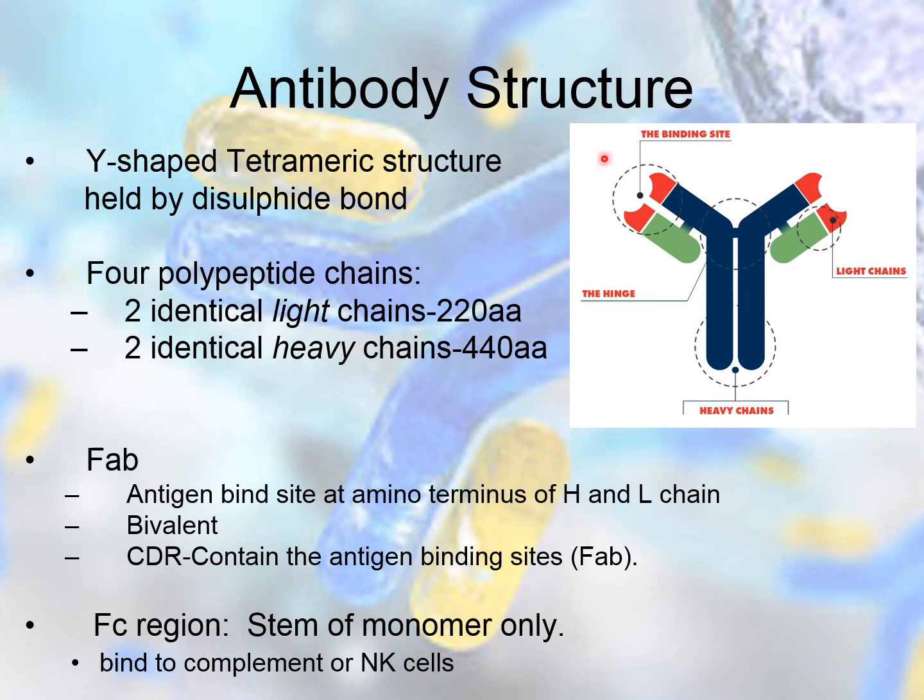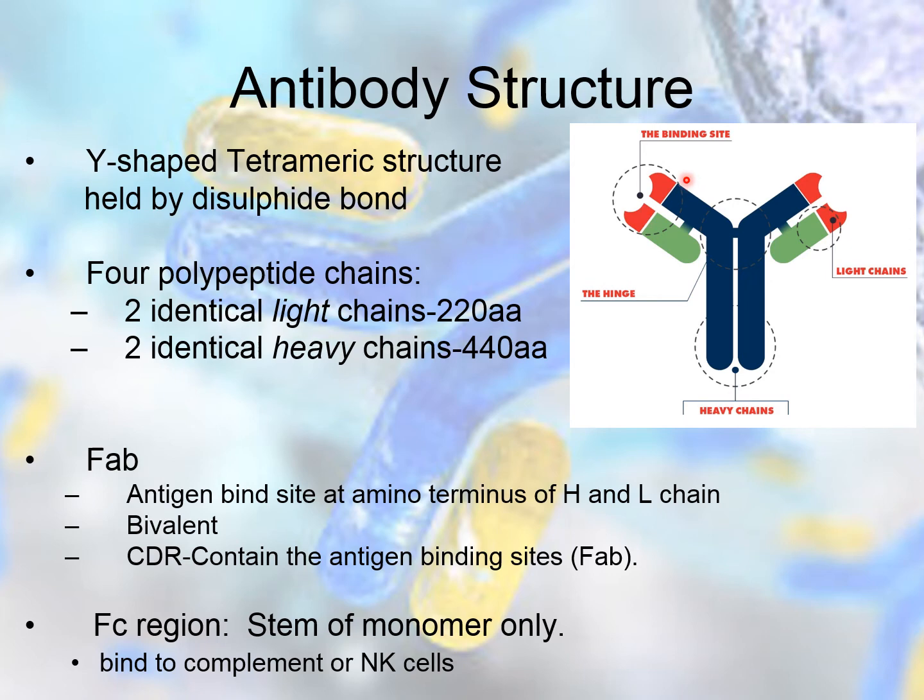There are two basic regions which are of biological importance. The first is the binding site or the fragment of antigen binding, called the FAB or Fab region. This is the region which determines the specificity of the antibodies.